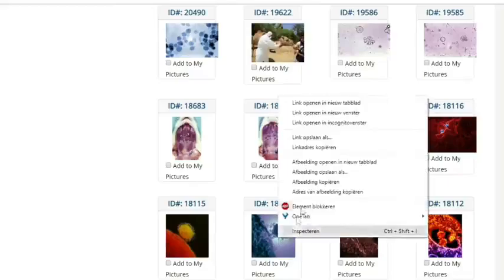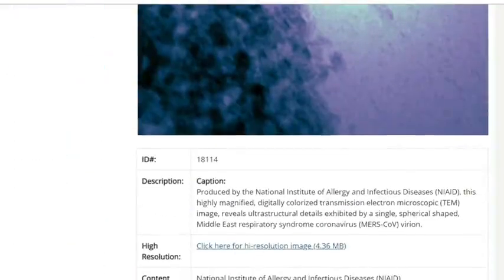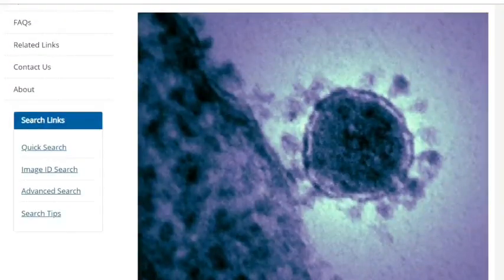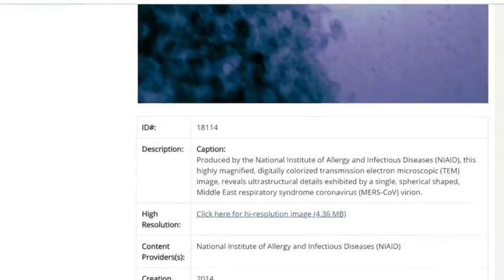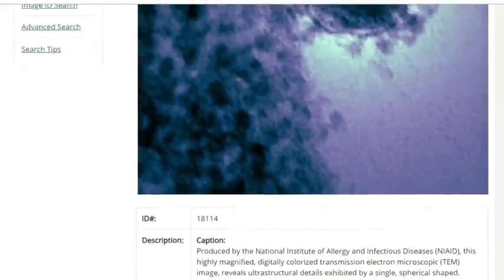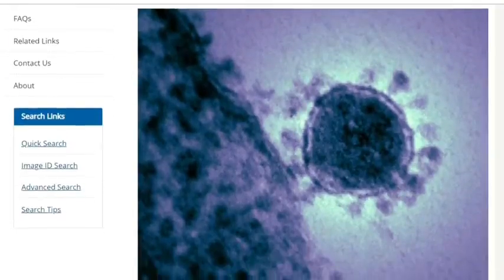Oh, here, maybe this one. Oh well, this must also be some coronavirus. Highly magnified, digitally colorized transmission electron microscope. That quality has not improved much in 45 years.